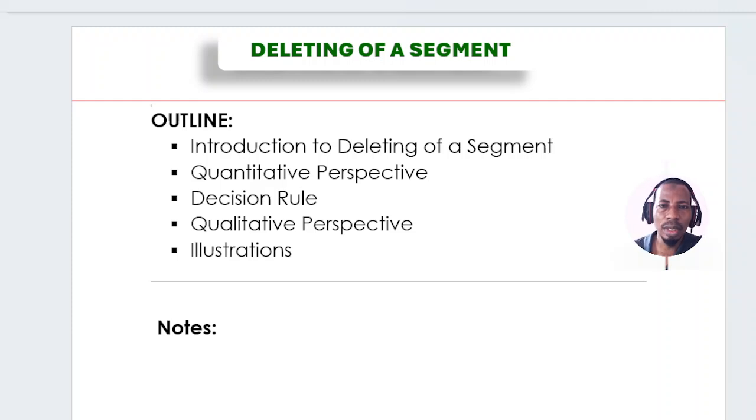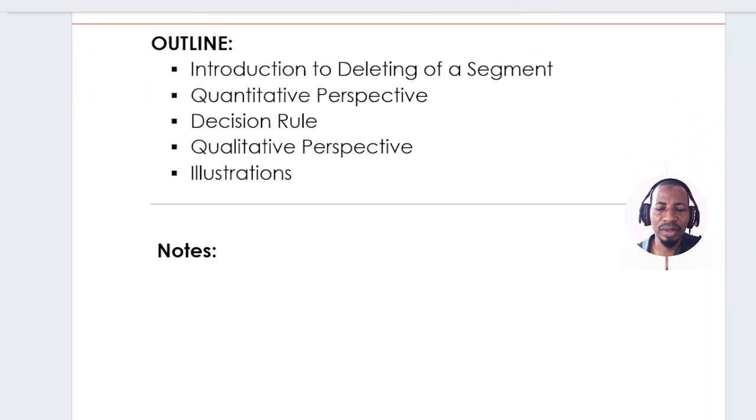Therefore, in analyzing the segments, you need to examine critically the economic perspective as well as the qualitative perspective of the affected segment. The focus should be on the affected segment. So, what is the quantitative perspective of the decision to be taken?